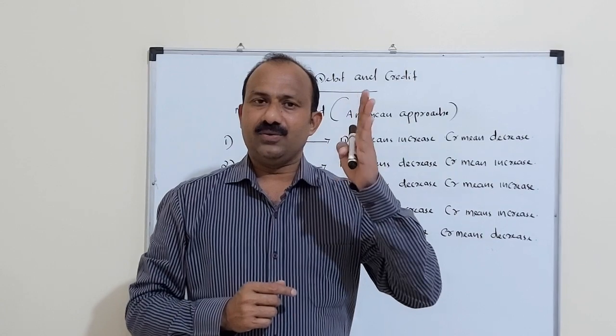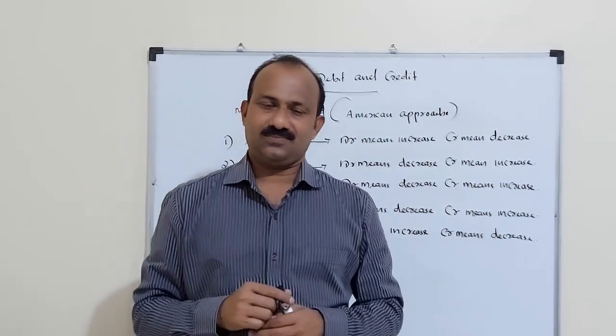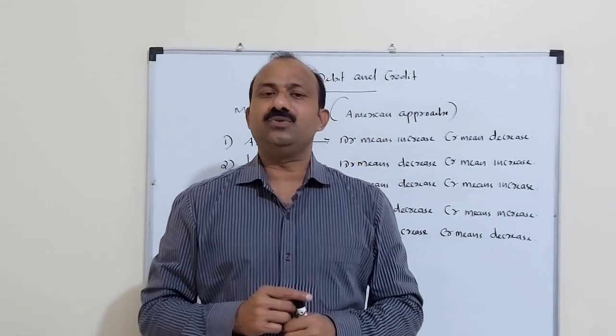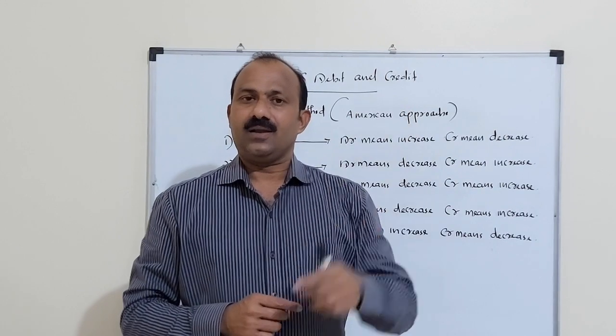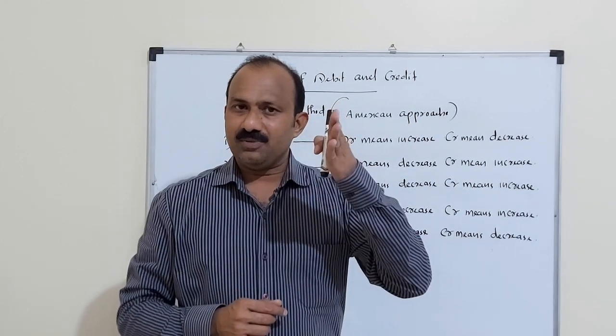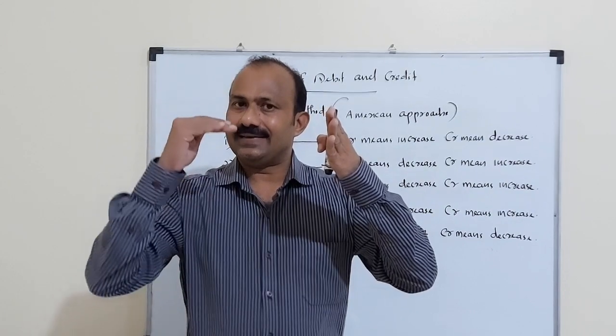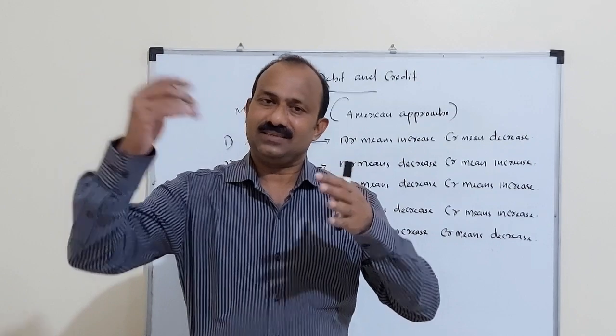Under the heading revenue, increase means revenue is credited. Decrease means revenue is reducing. This is the rule of the nominal account: debit all expenses, credit all incomes. So debit means revenue is decreasing and credit means revenue is increasing.